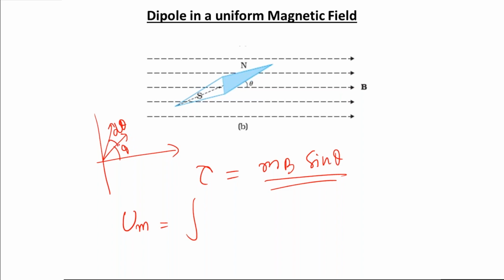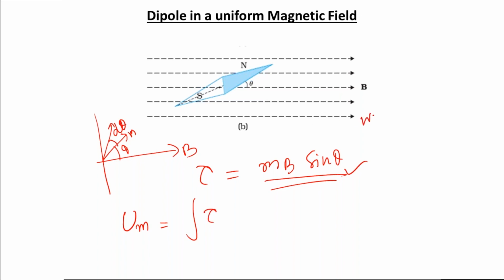Okay, so this is the magnetic dipole M. This is the direction of B. So M and B have an angle in between, which is theta. So the torque acting on this magnetic dipole is mB sine theta. At this situation, if you want to further displace it by delta theta, you have to do certain work.